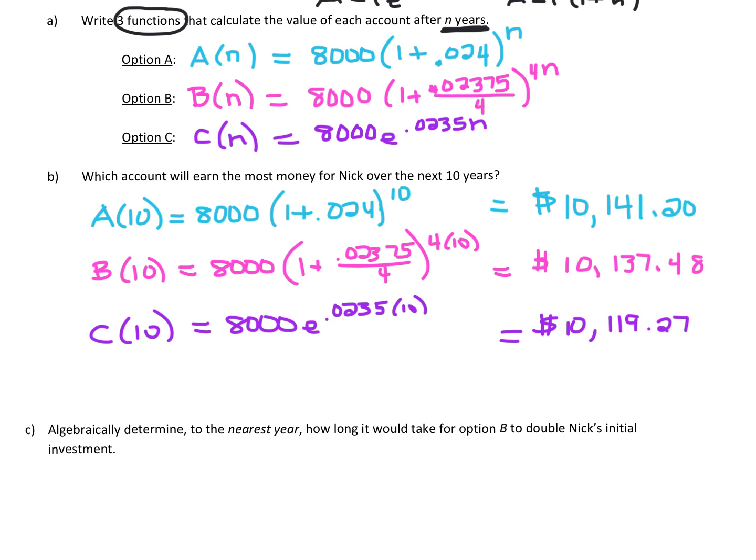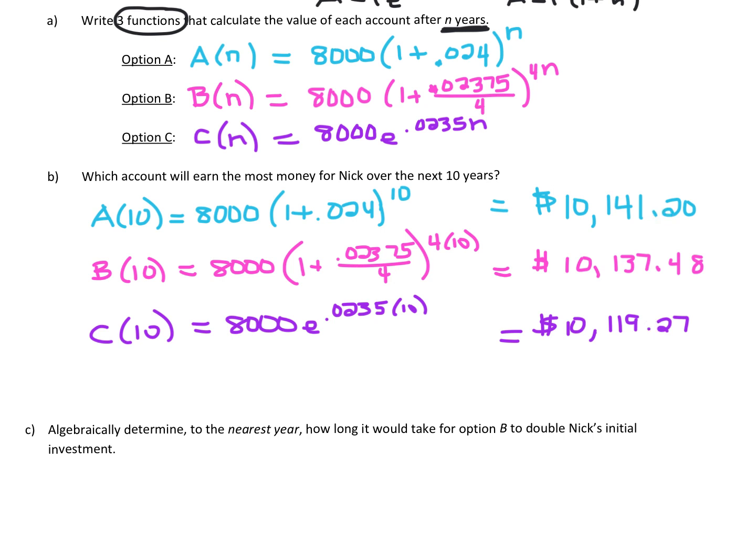Okay, so this is what I got. Now I want to point out, the question doesn't say what to round to, but with money, when you want to find out how much an account earns, you always round to the nearest cent. Even if you're comparing accounts, with questions like how much more will account A earn than account C over the next 10 years, the amount of money you get from account C has no impact on the amount of money you get from account A. So you would round account A to the nearest cent, account C to the nearest cent, and then you would subtract them.